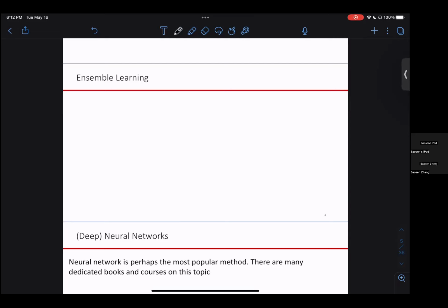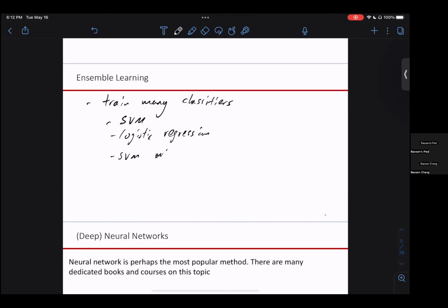It's training an ensemble of classifiers, many classifiers. For example, you can train SVM, you can have logistic regression, SVM with different kernels.